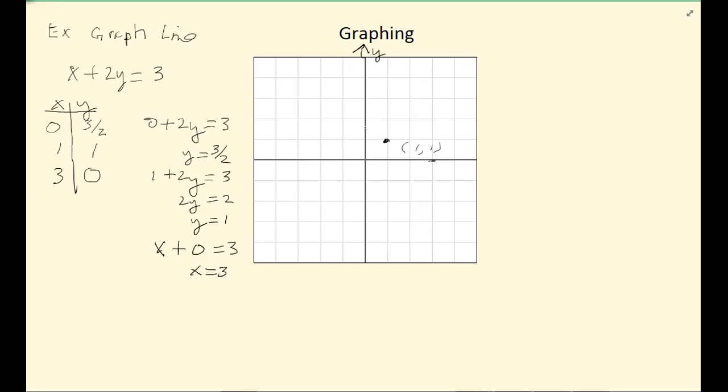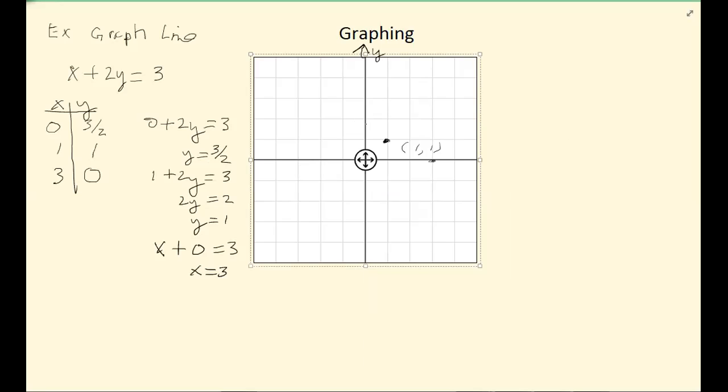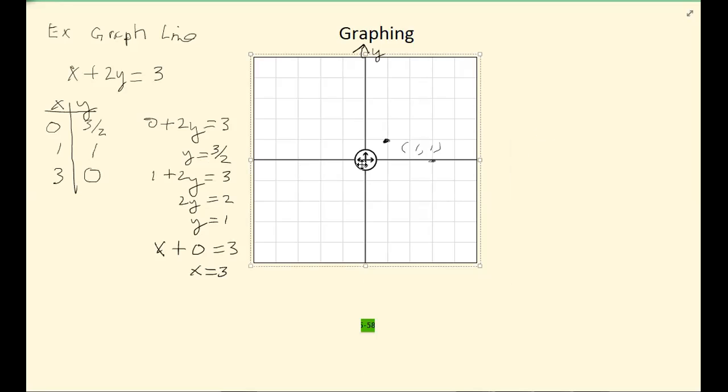That would be about here. There's the third point.